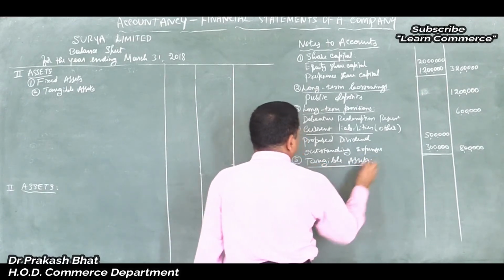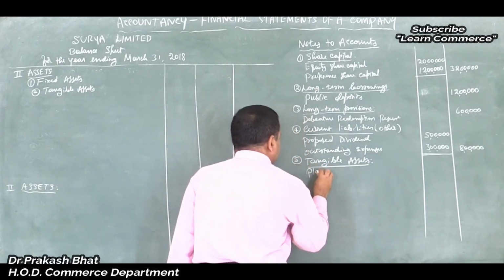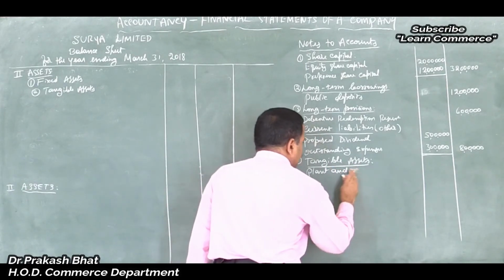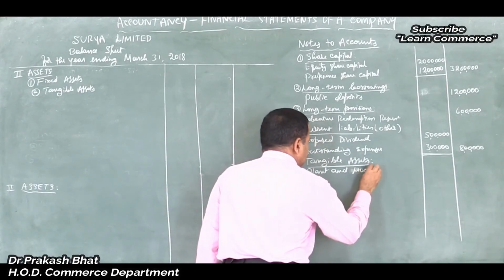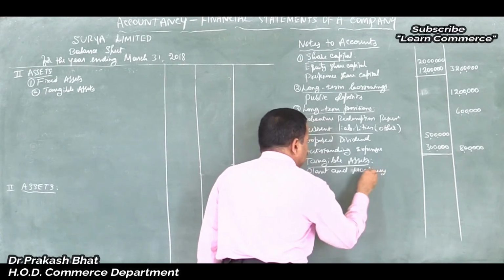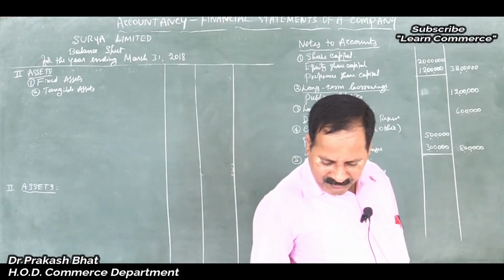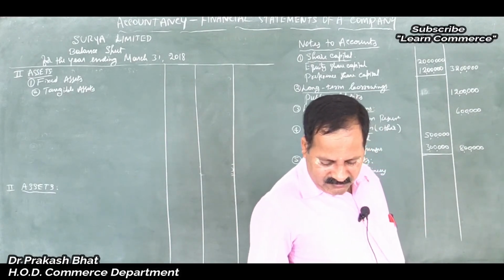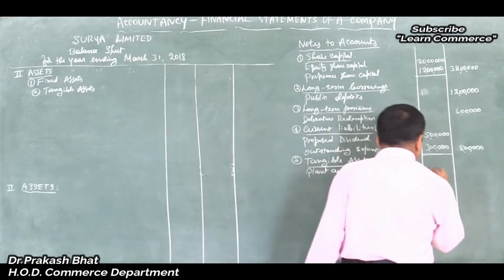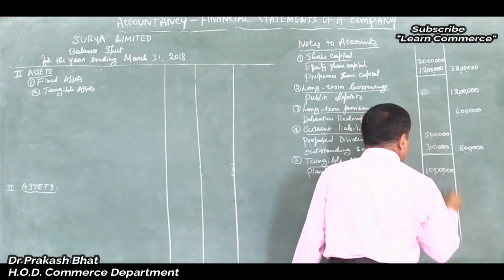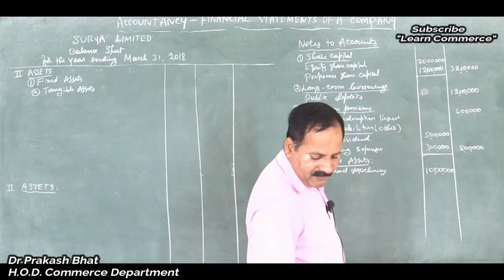Under that, plant and machinery. How much is it? Plant and machinery is I think 10 lakh, isn't it? Yes, 10 lakh in the inner column. Then land and buildings are there.